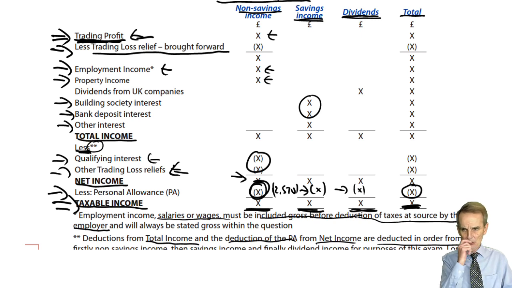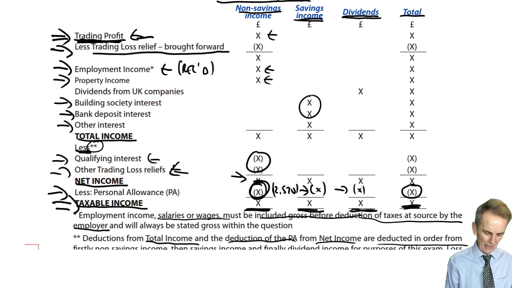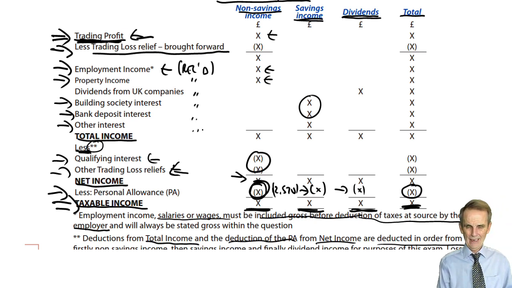Now what we've got to get used to, and we'll do this with a lot of practice, is recognising each type of income, and recognising the bases of assessment, which to begin with will be very simple, because it will be employment income received, property income received, dividends received, and all these different forms of interest received. It will be on a received basis.